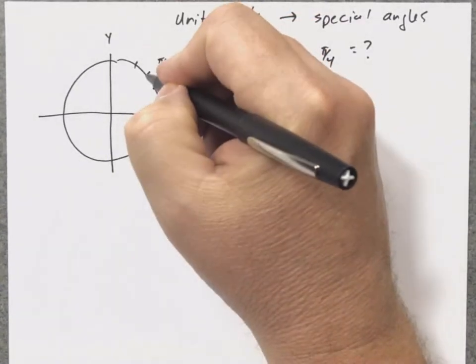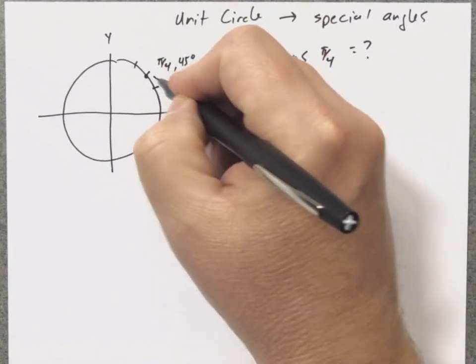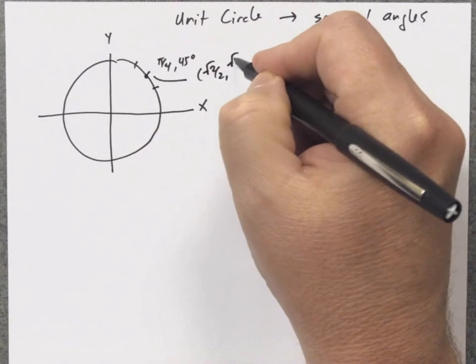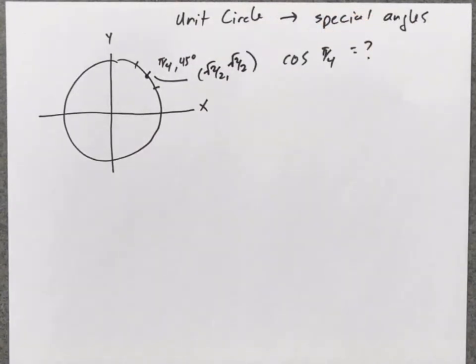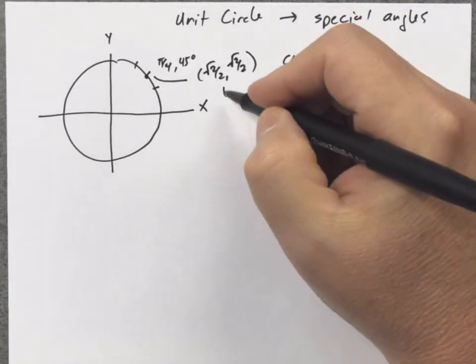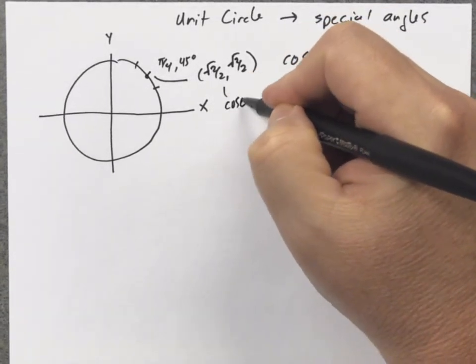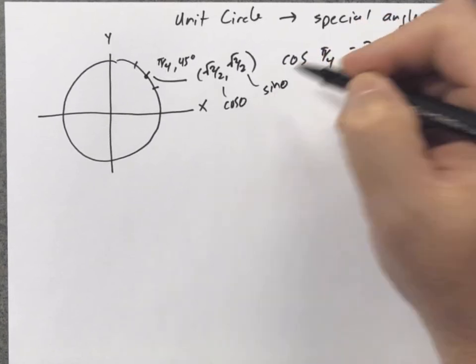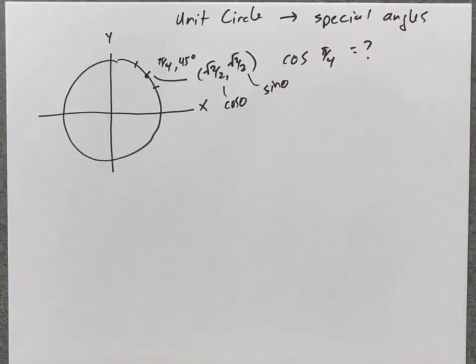But this point here, the x is square root of 2 over 2, and the y is also square root of 2 over 2. Now the whole power and the key of the unit circle is, turns out the value of x is the same as the cosine, and the y is the same as the sine.